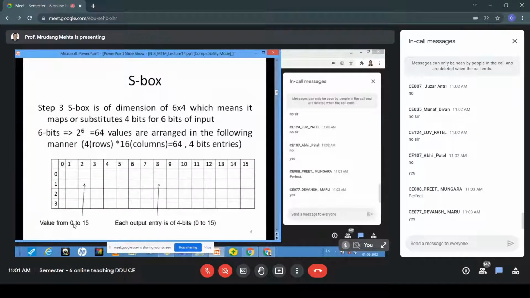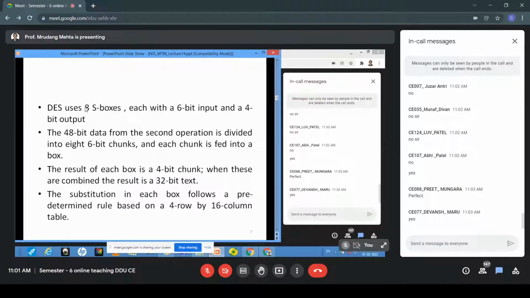Each cell has a value from 0 to 15, and each output entry is of 4 bits. So we use 2 bits to number rows, and in each cell of the row and column we have a 4-bit value. We will see different S boxes now.